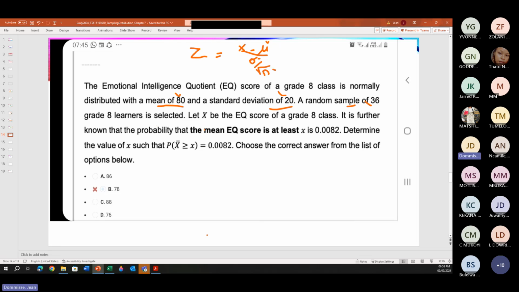Now they tell us let X be the EQ score of a grade 8 class. It is further known that the probability that the mean score is at least x is 0,0082. So determine the value of x such that you nearly get that probability.